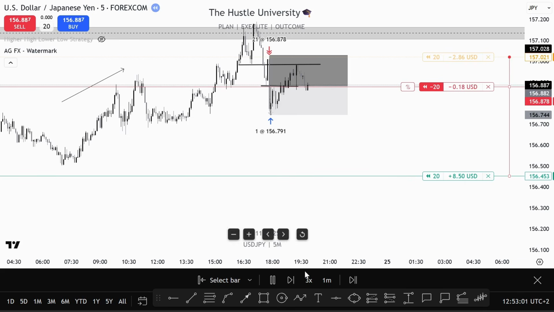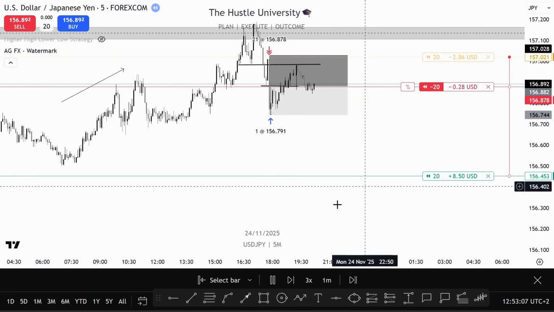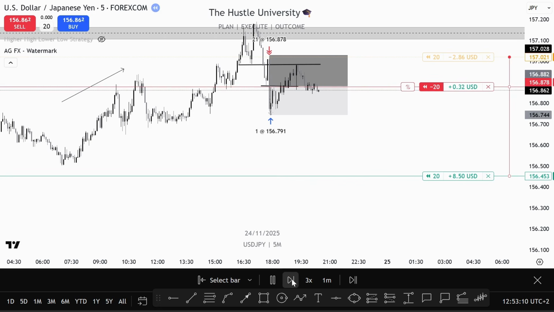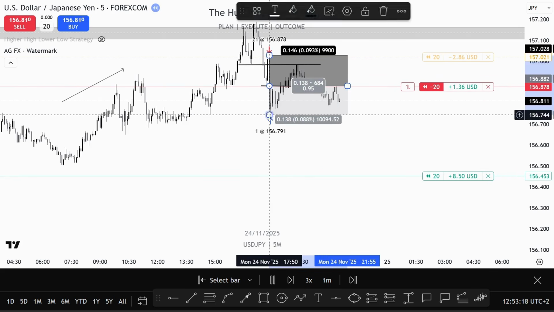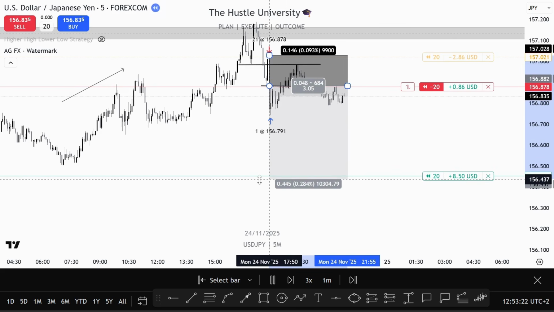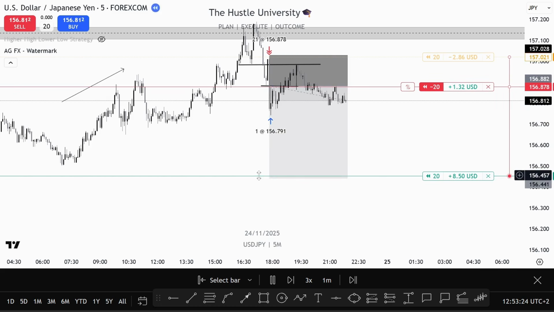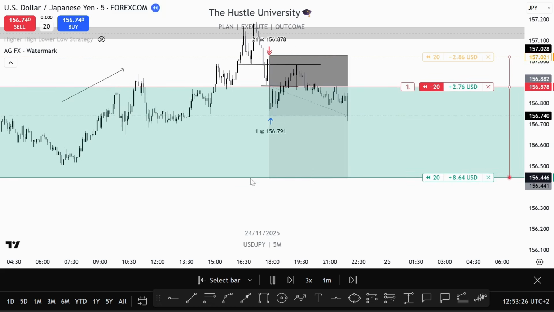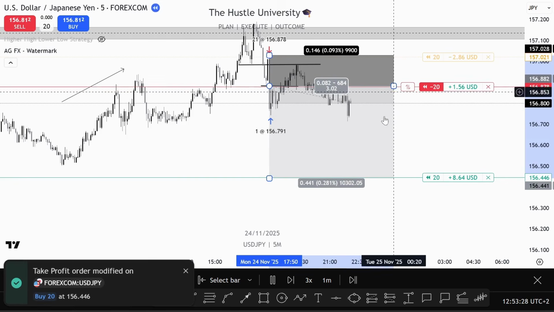Price ended up going all the way to the downside, so on a 1:3, this would have been your 1:3 just above here.